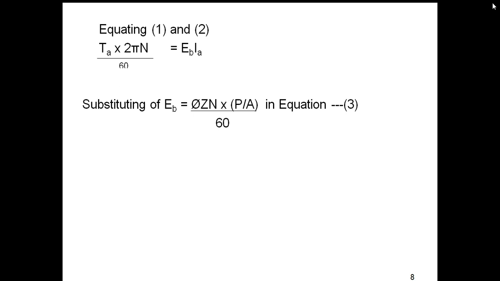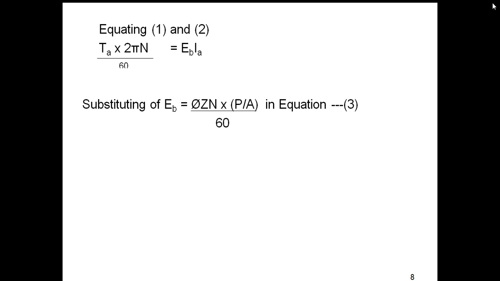And we also know that the back EMF, which we have already seen in the previous presentations, EB is equal to phi Z N into P by A by 60.